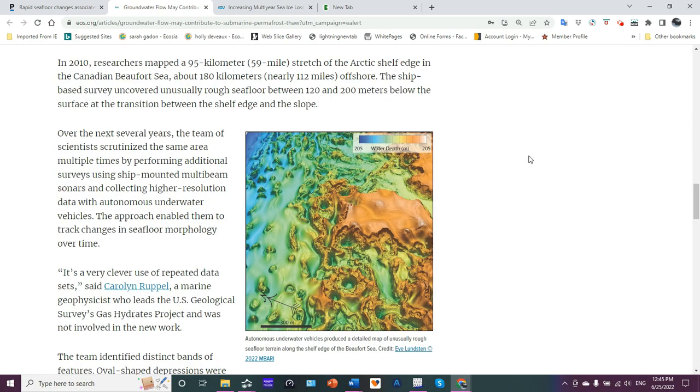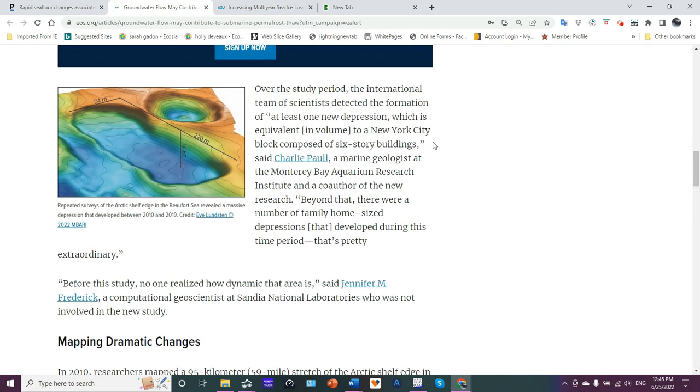In other words, go up to this image here, this could have been level with the rest of the terrain, maybe even a little higher. You melt out this water and thump, the land subsides. And this is probably like a pingo that collapsed.